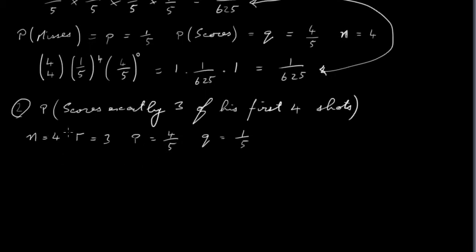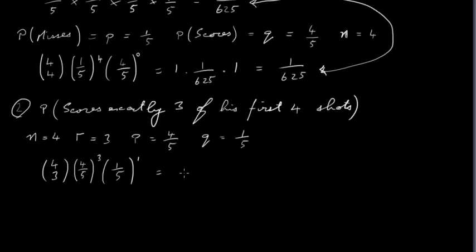So the probability that he scores exactly 3 of his first 4 shots is going to be 4 choose 3, times 4/5 to the power of r, which is 3, and then 1/5 to the power of n minus r, which is 4 minus 3, which is 1.